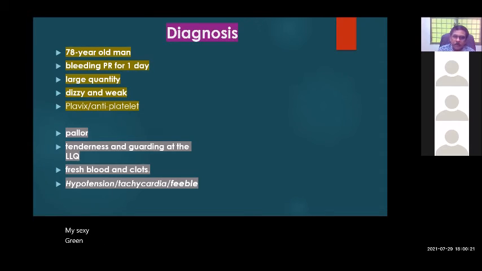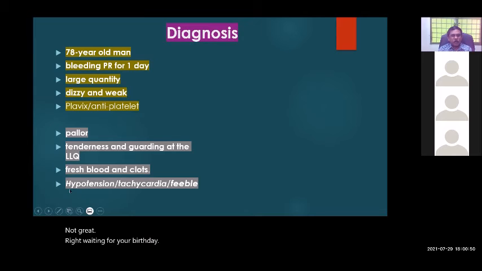You don't get bright red, it will be dark red, altered blood. In the first few slides I showed you, they call it fresh melena. If it comes from the cecum or ascending colon, it is usually not bright red. If it is bright red, it's usually arterial blood, and the most common arterial bleeding is diverticular bleeding.